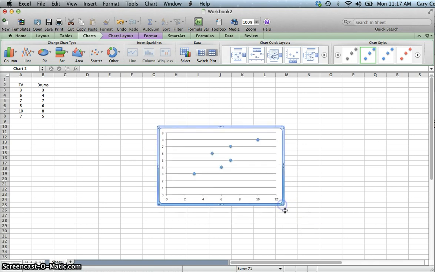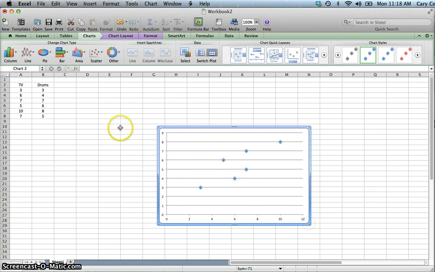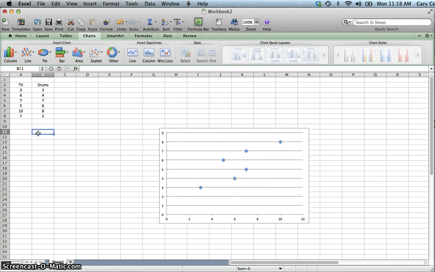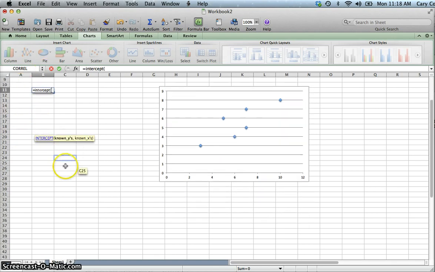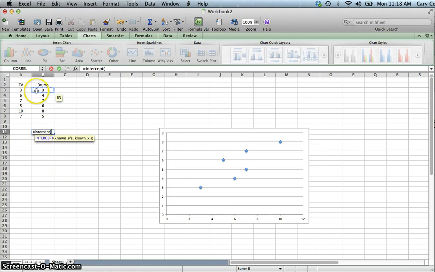Of course, as we pointed out, when we are doing trend projections, you can do this a couple different ways. You can calculate the intercept yourself using the function, so you don't have to use those complex formulas they give you in the textbook. So we're going to put in the known Y's, in this case drum sales, comma, and then the number of times that they are on TV, and close parentheses.